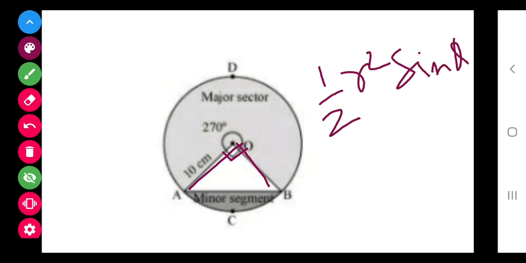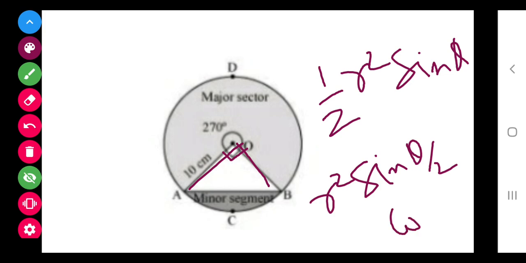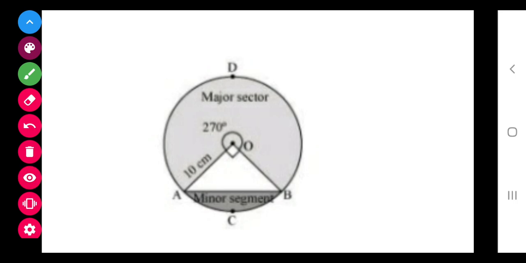This is for 90 and below, and r square sine theta by 2 cos theta by 2 is for above 90. This is the trick I have told you.